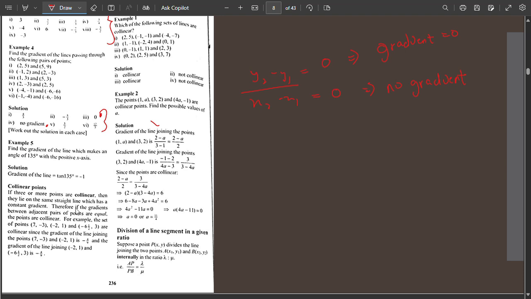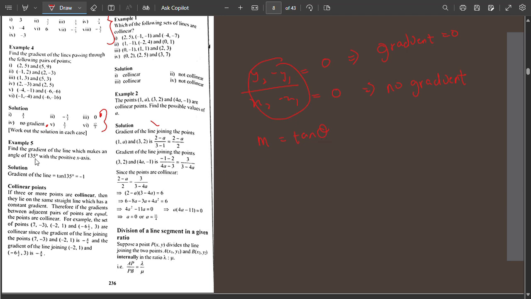In example 5, find the gradient of the line which makes an angle of this with the positive x-axis. We explained earlier that gradient can be given as this, or as gradient equals tan theta, where theta is the angle between the line and the positive x-axis.